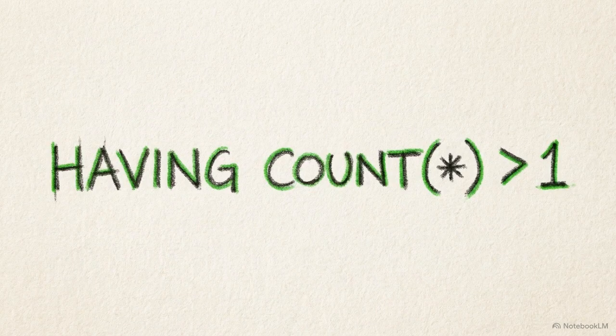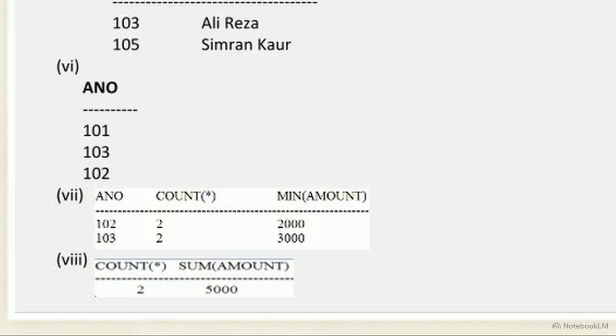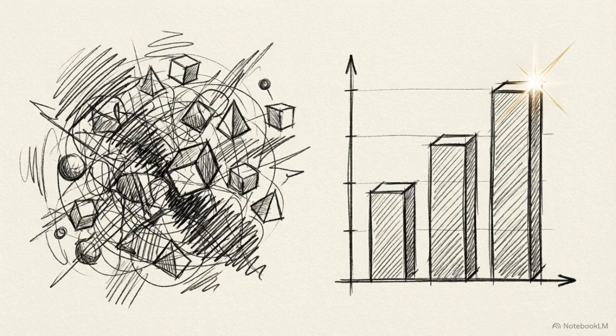By writing having count asterisk greater than 1, the query succeeds. The output displays the aggregated metrics for account 102 and account 103, as they are the only two with multiple records in the table. We have taken dozens of microscopic transactional actions and condensed them into macroscopic strategic metrics.